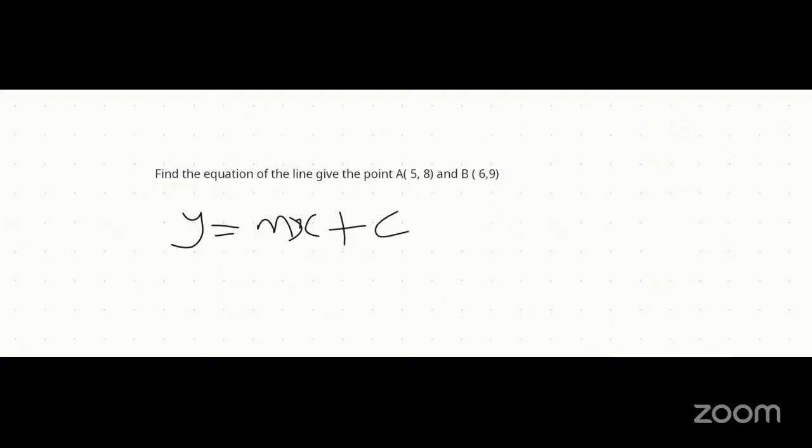My y will be 8 is equals to, my gradient is 1, which is my slope, and my x is 5. So that'll be 1 times 5, 5 in bracket plus c. So we have 8 is equals to 1 times 5, which will give me 5 plus c. Okay?